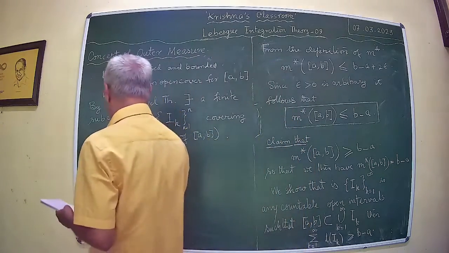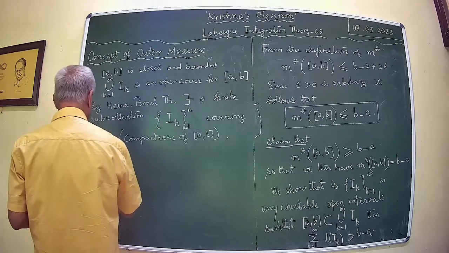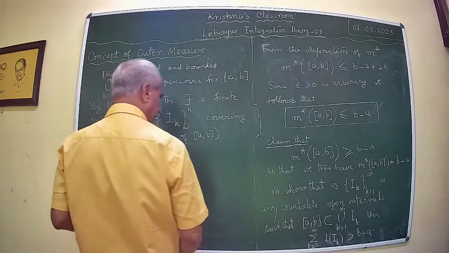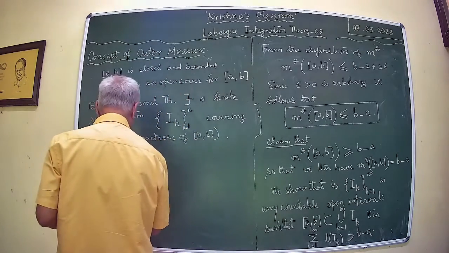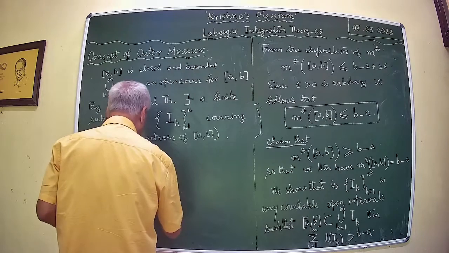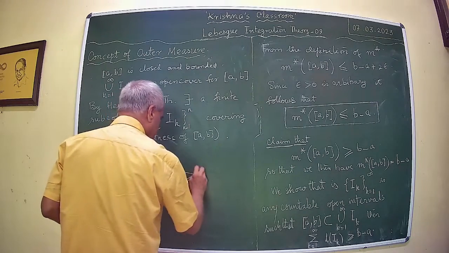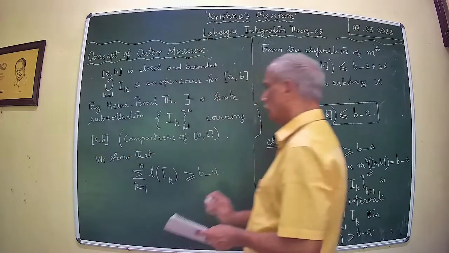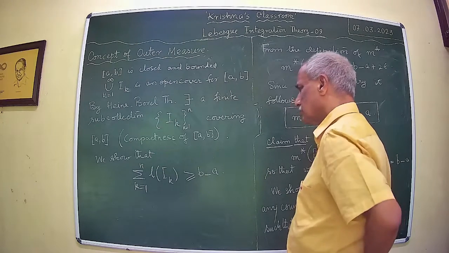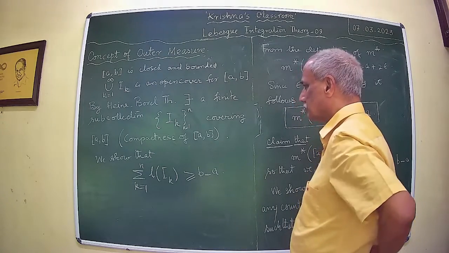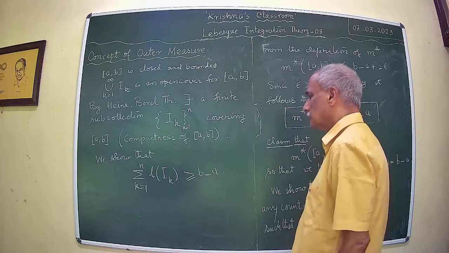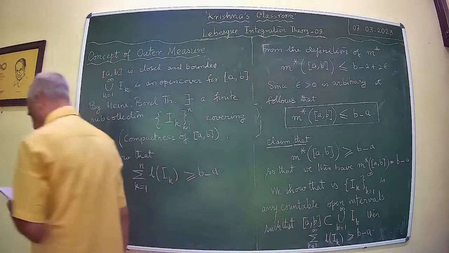Now what we show is that for such a cover, this is what you have: the sum from k equal to 1 to n. Okay, right?